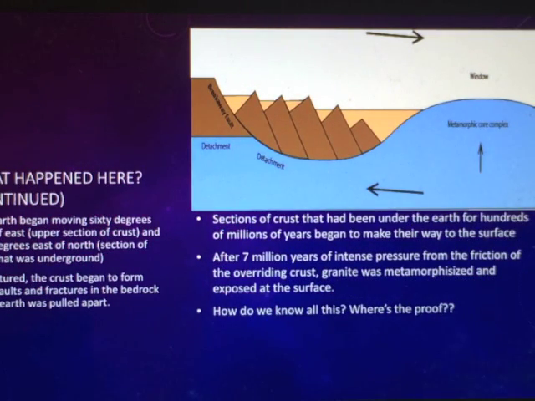The angles of this fault are the easiest way to prove the existence of this geological process. The upper section of crust, which contained the Tucson Mountains, moved roughly 60 degrees west of south. The lower or underlying layer of rock moved 60 degrees east of north, or the exact opposite direction.